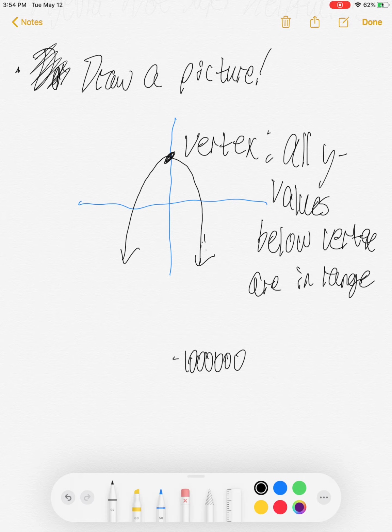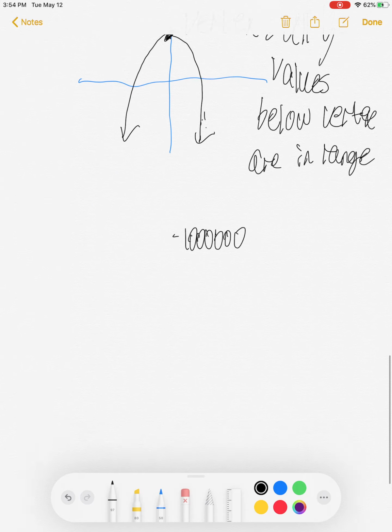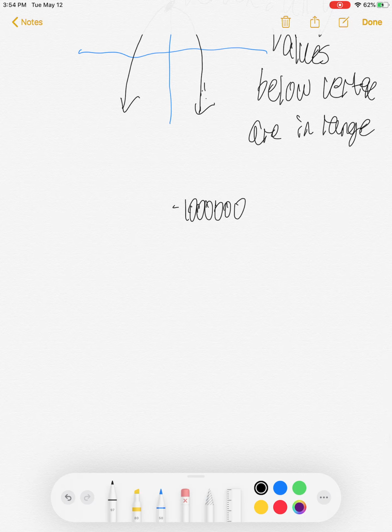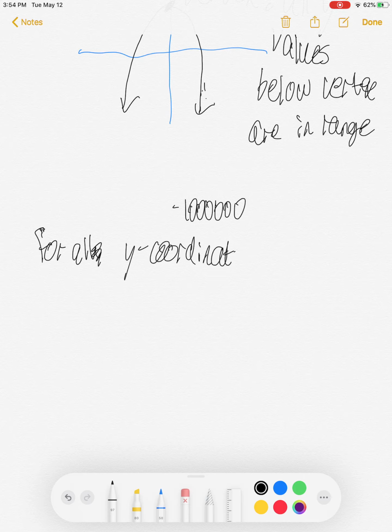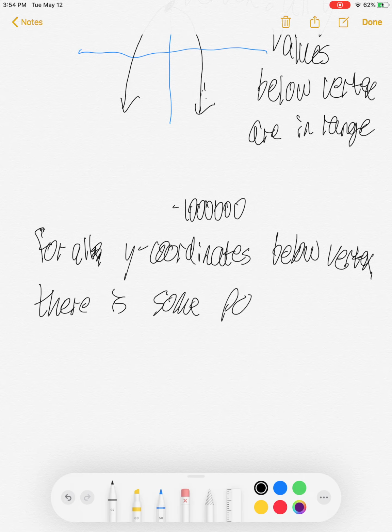So everything below the vertex, there's going to be some point whose y-coordinate, so let me write this in words: for all y-coordinates below the vertex, there is some point on the curve with that y-coordinate.